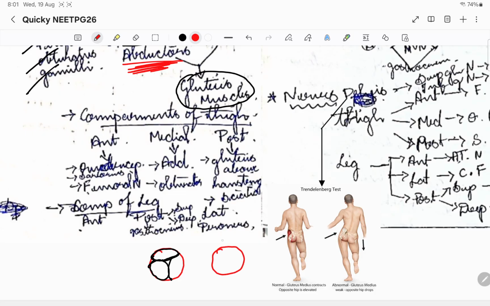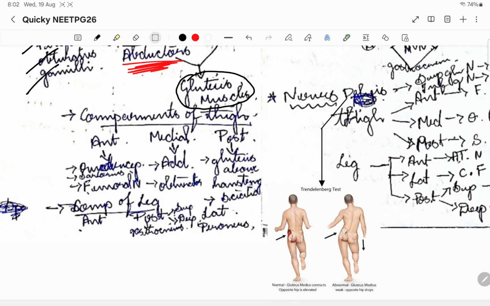So it is anterior, the posterior, and the lateral. Consider this being the lateral and this the medial side of the thigh we were discussing. Laterally there is a compartment, anteriorly there is a compartment, posteriorly there is a compartment. In the posterior compartment of the leg, there is a superficial and deep compartment. We'll come back to that.